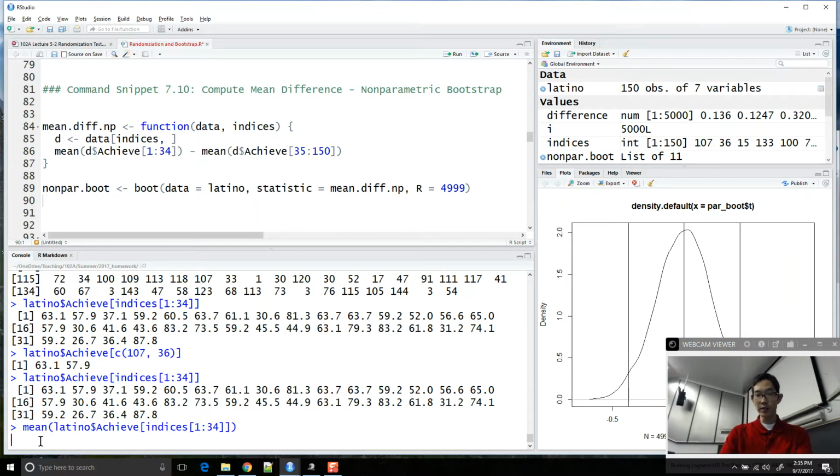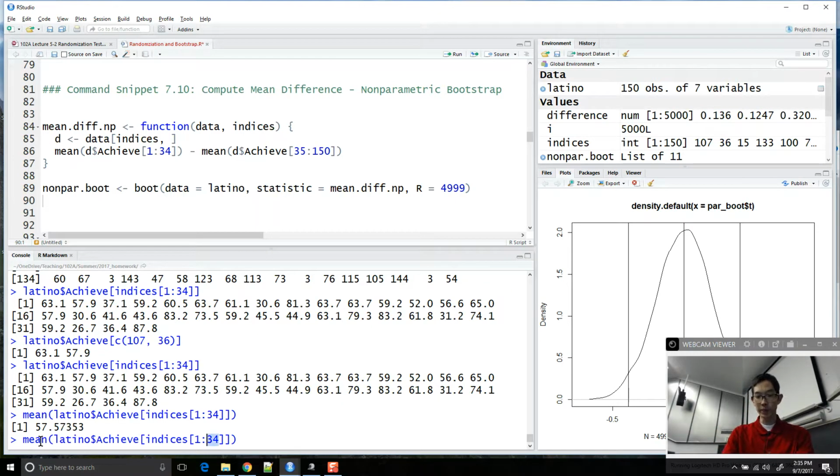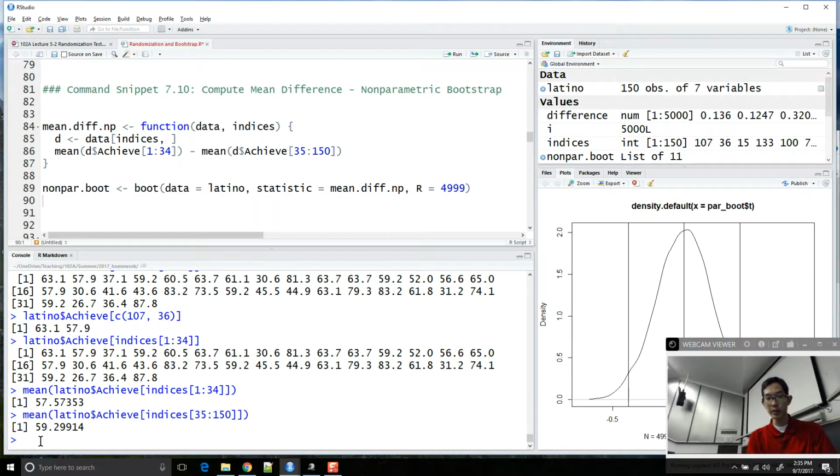Then we do the same thing with the other indices, 35 through 150. This is the mean of the 34 that were randomly selected, and then the mean of the 116 that were randomly selected with replacement from the population, or rather, not the population, from our sample.